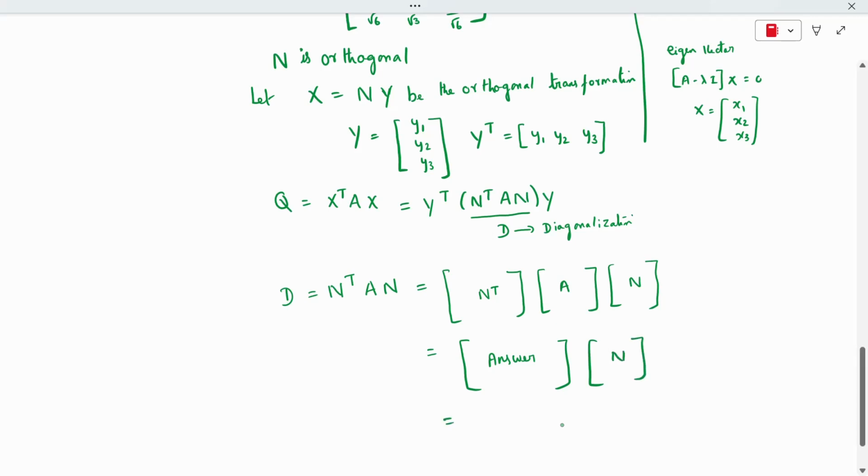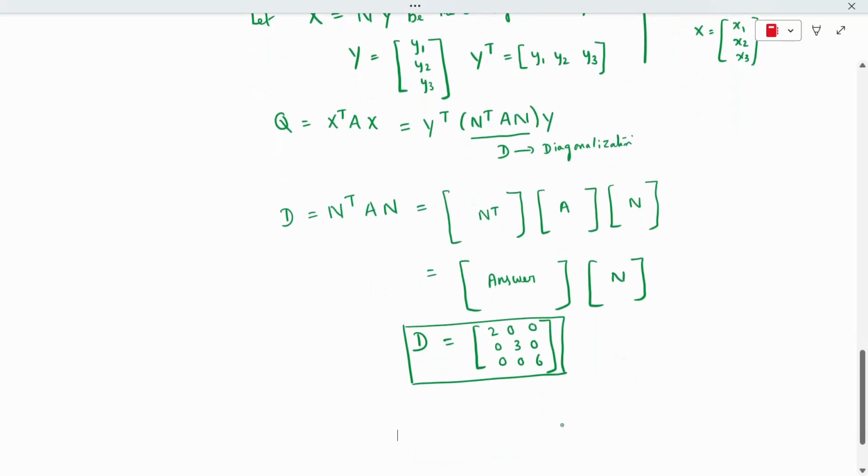So you get the diagonal elements. Directly you can guess, eigenvalues are your diagonal elements: 2, 0, 0, 0, 3, 0, 0, 0, 6. You should get this answer. So D is nothing but the eigenvalues; 2, 3, 6 are the eigenvalues, and every remaining element should be 0. I got D. This is called diagonalization. From the diagonalization, how can we write the quadratic form?